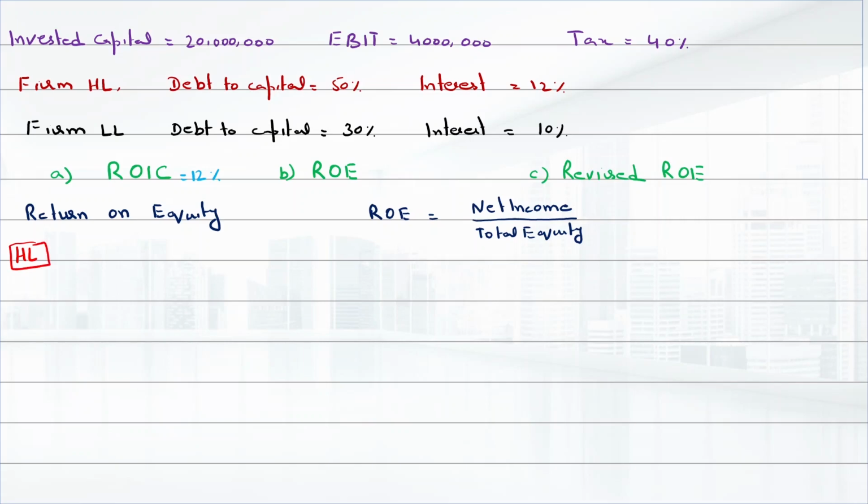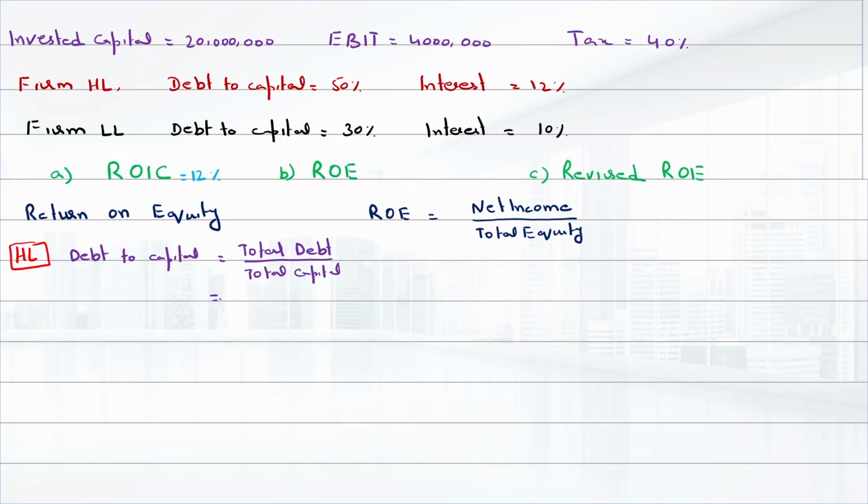To find the return on equity, we will firstly find total debt, and debt will be computed by using this ratio, debt to capital ratio. Total debt divided by total capital.